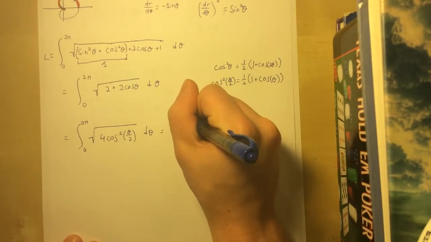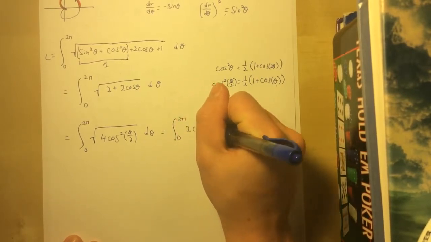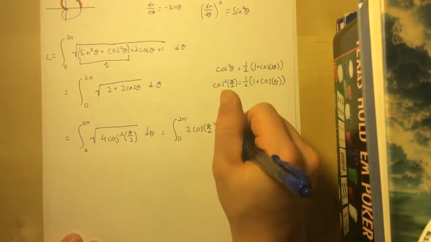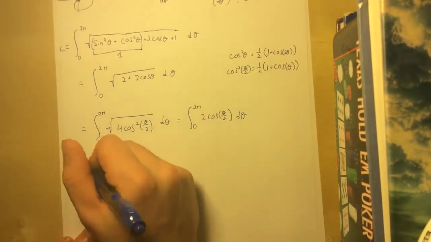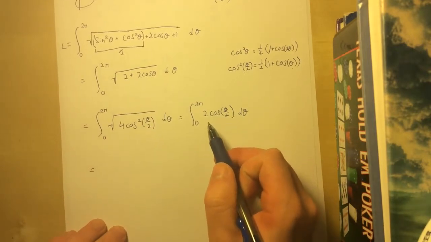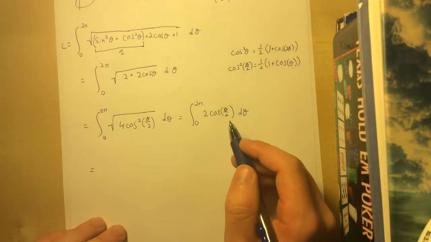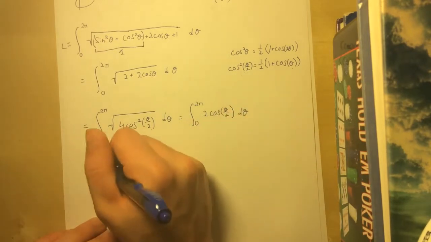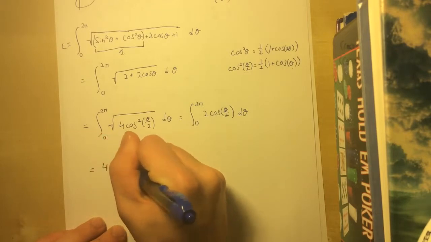And now we can get rid of that square root. So you have 0 to 2 pi of 2 cosine of theta over 2 d theta. And if we take the antiderivative of cosine, that's sine. So divide by 1/2, that gives us 4 sine.